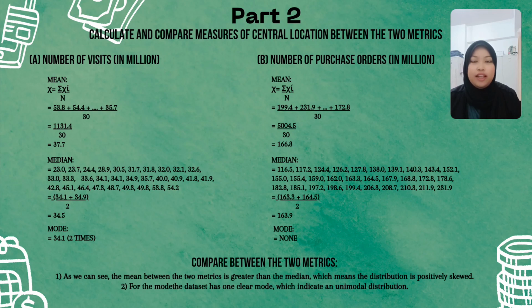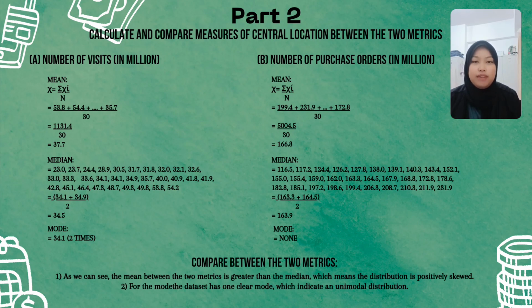That's how I get the answer. For median, same as the number of visit median, but use the cumulative relative frequency numbers, then I get 163.3 plus 164.5 divided by 2. The answer is 163.9. The number of purchase order doesn't have a mode, which means equal to 0, then we can compare these two.